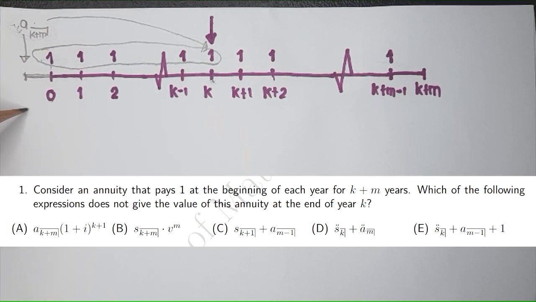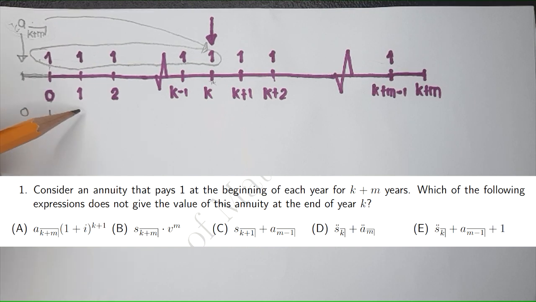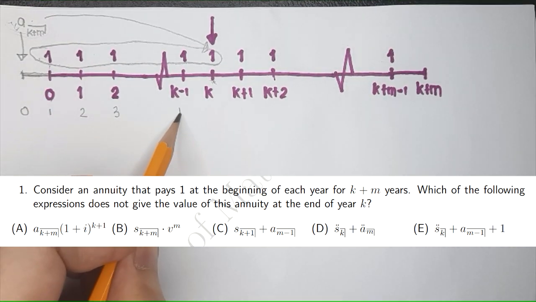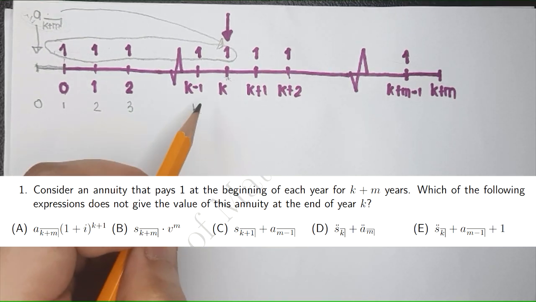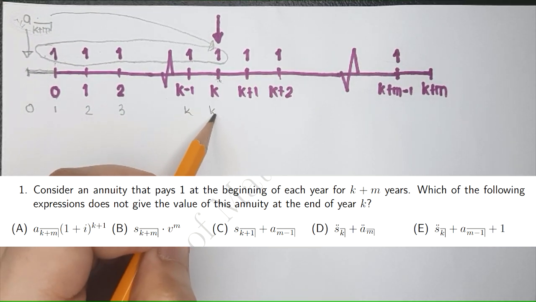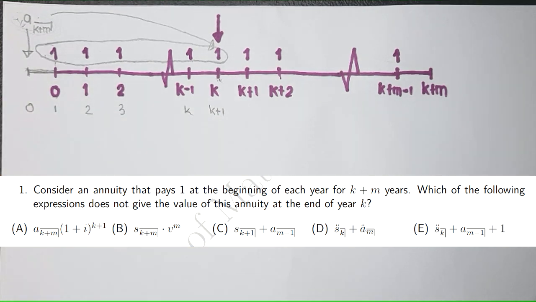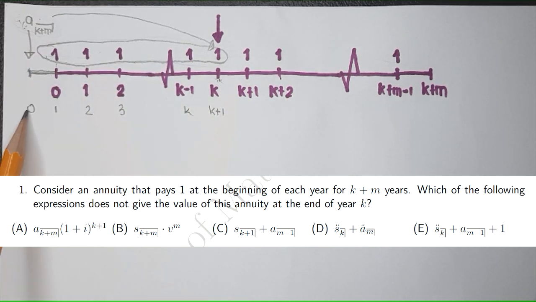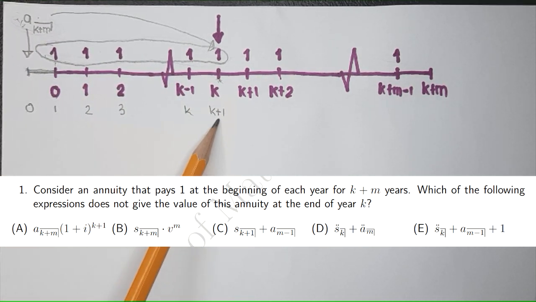So, parang ito yung time 0, ito yung time 1, time 2, time 3, ito yung magiging time K, ito yung time K plus 1. Okay? Kaya nangyari, ito, ang accumulated value nito, you see? 0, 1, 2, 3, up to K plus 1.